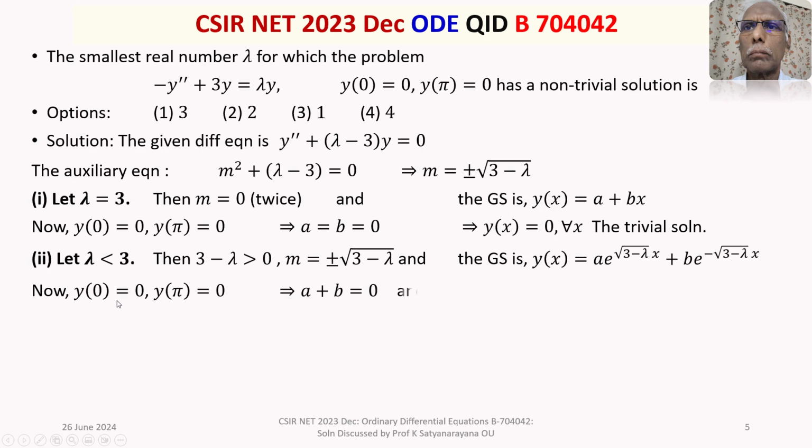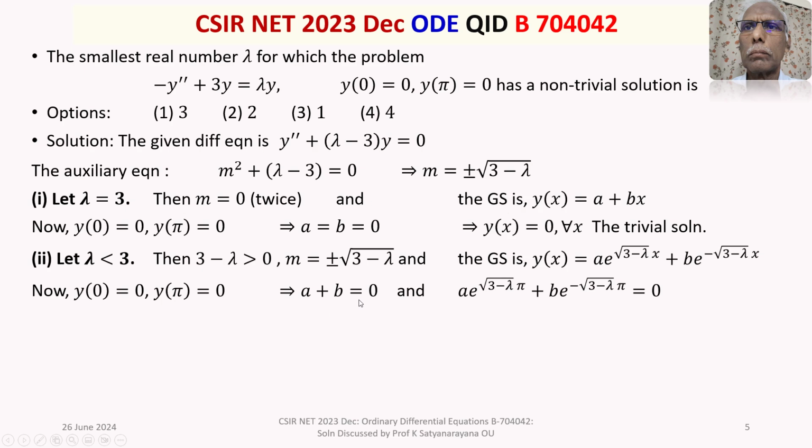Now, let us take the given conditions. y at 0 equals 0 and y at pi equals 0. y at 0 is 0 will give you a plus b equals 0. y at pi will give you a e to the power of square root of (3 minus lambda) pi, because x equals pi, plus b e to the power of minus square root of (3 minus lambda) pi equals 0.